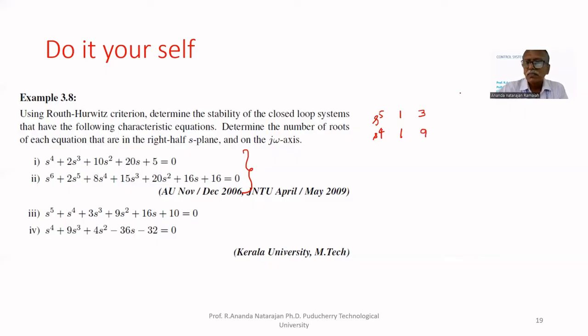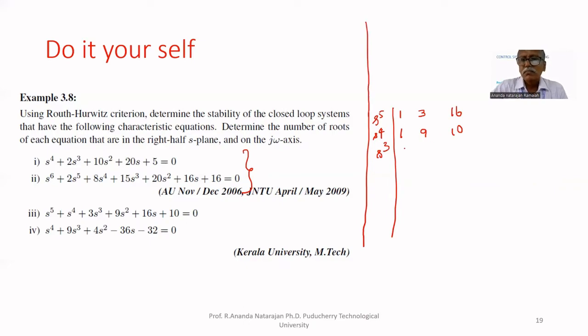The coefficients are 1, 3, 9, 16, 10. For s square: 3 multiplied by 16 minus 9 divided by 3... that is, 3 minus 9 divided by 1, how much? Minus 6. 16 minus 10, 6 by 1.